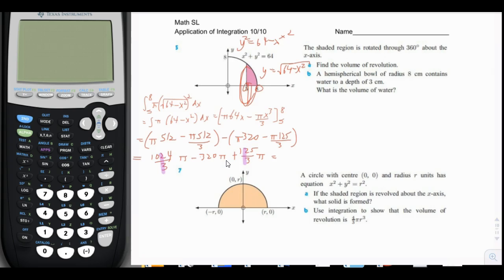So then we divide by 3, we get 383 pi when we combine those purple ones. And we subtract 320 pi, and that gives us 63 pi. Okay. Let's shrink this down a little bit, and then we can do the next part.